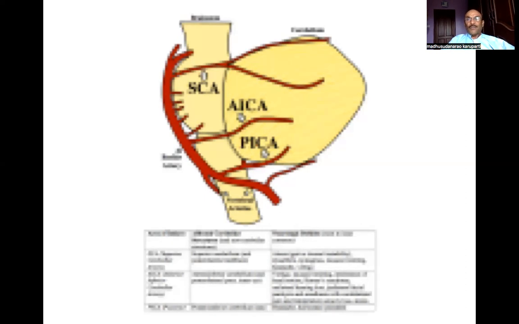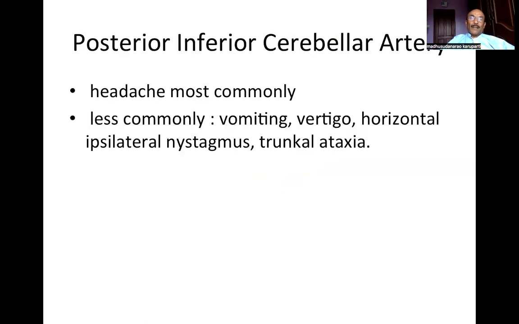These are the branches of the basilar artery. Posterior inferior cerebellar artery lesion presents as headache most commonly, less commonly as vomiting, vertigo, horizontal ipsilateral nystagmus, and truncal ataxia.